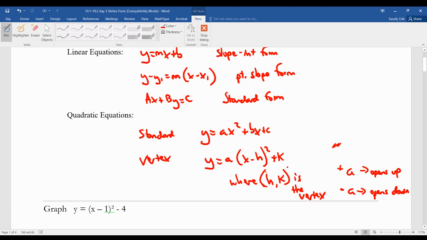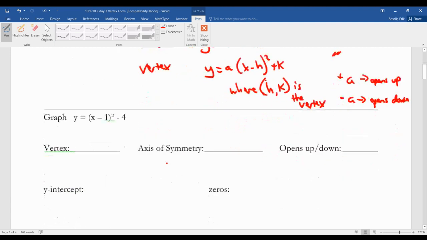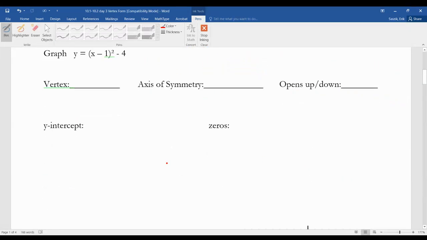Okay. Now, when we were working with standard form, we were able to quickly determine what the y-intercept was. We were also quickly able to determine if it opened up or down. Vertex form is different. Vertex form is called vertex form because we can quickly see the vertex. See, remember when we did this when we were completing the square? What's going to make this come out to 0? X is 1 would make it come out to 0.